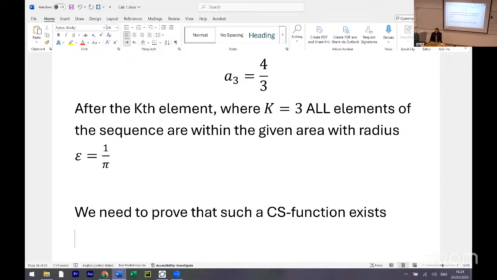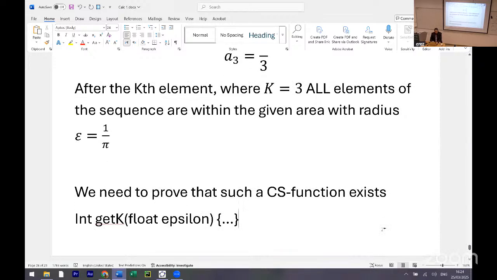So, int get k, float epsilon. There is supposed to be such a function that, when given a radius epsilon, is able to return an integer number which is k, such that after this index, all of the elements are within the bounds of the area for the given epsilon.